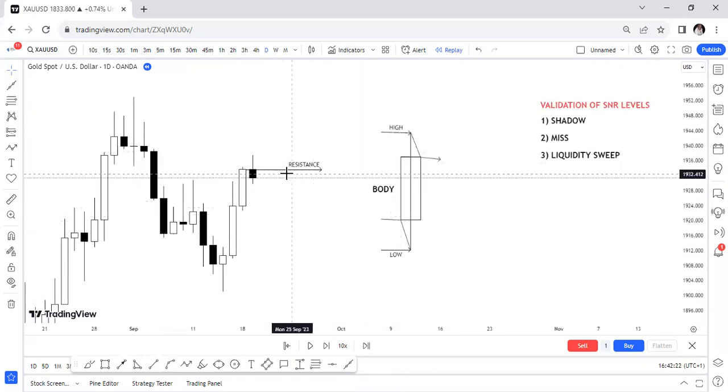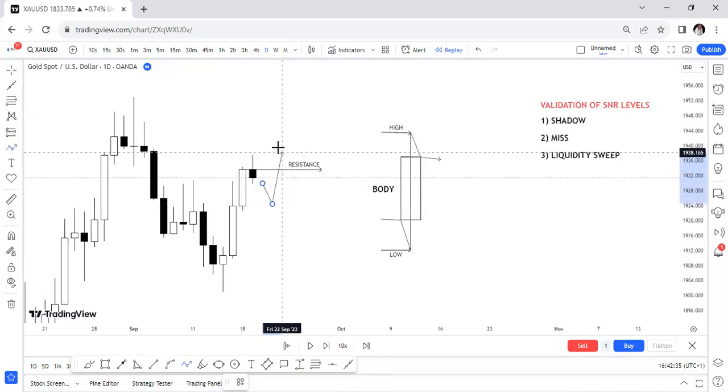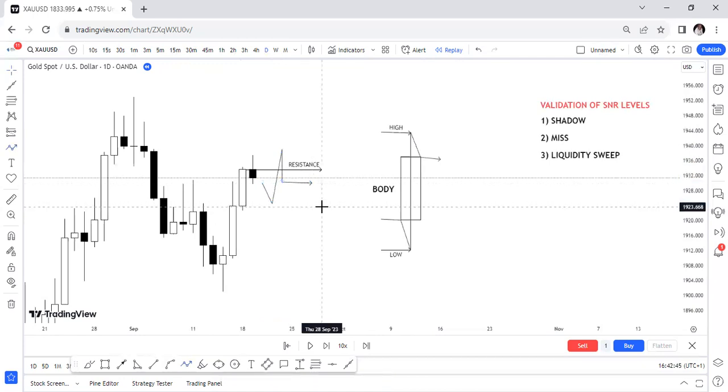So you use it to trade into your SNR. When you see price come into this place, they break through it, and you see it does not close above it. You see a rejection, and a close like this. This place to this place represents a wick.